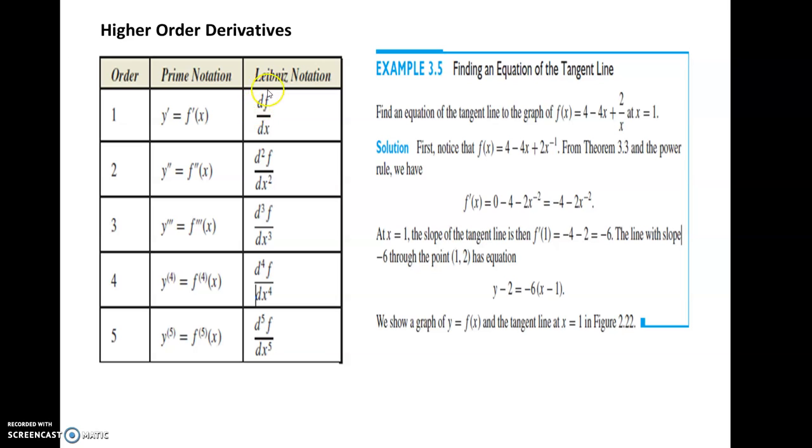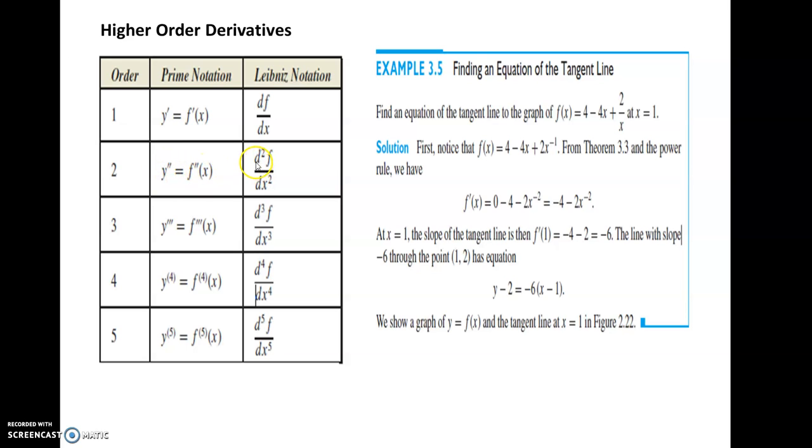In Leibniz notation, df/dx or dy/dx. This is the first derivative which we found. Then how do you find the order 2 derivative? For the order 2 derivative, you use the notation y double prime or f double prime, both are the same.